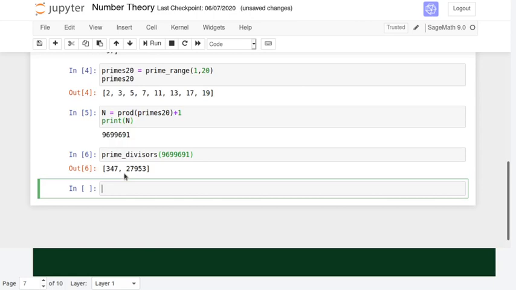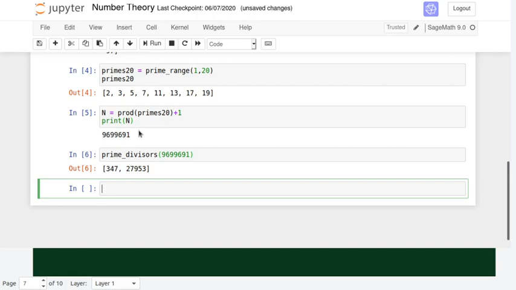We get the prime divisors of this number to be 347 and 27953. 347 is not in the set of primes we have taken, and 27953 is also not in the set we have taken. Therefore, it has prime factors different from what we have already taken.